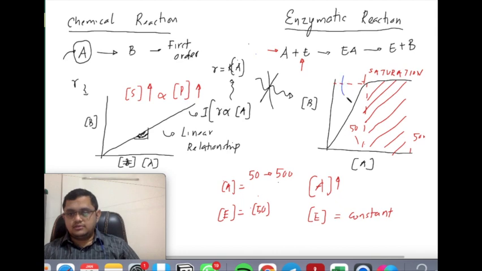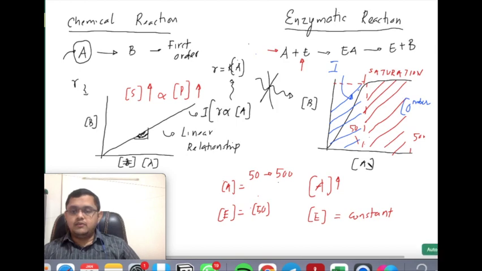Look at this part, the entire part which I have shaded in blue. Until the saturation arrives, the reaction behaves like a normal chemical reaction without enzymes, so it follows first order. Whereas once the saturation happens, it becomes a zero order reaction.